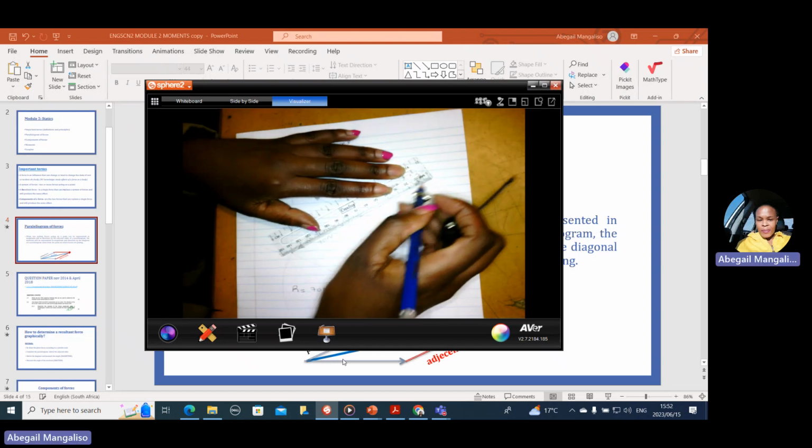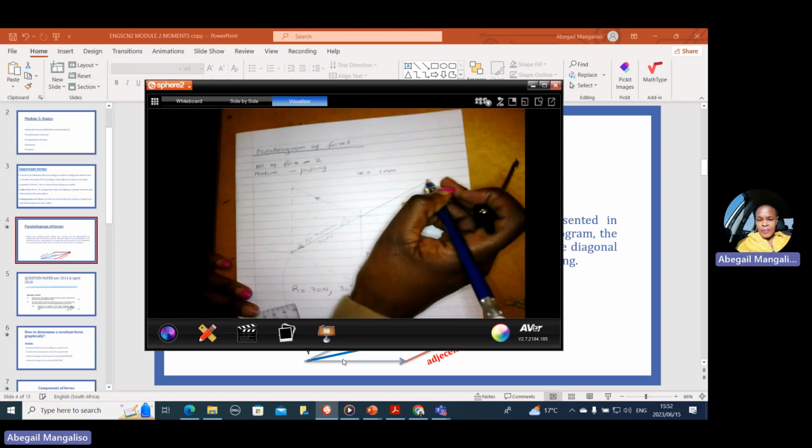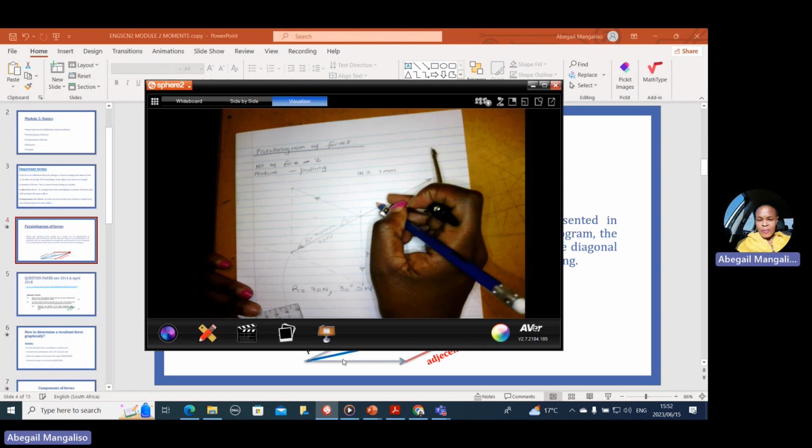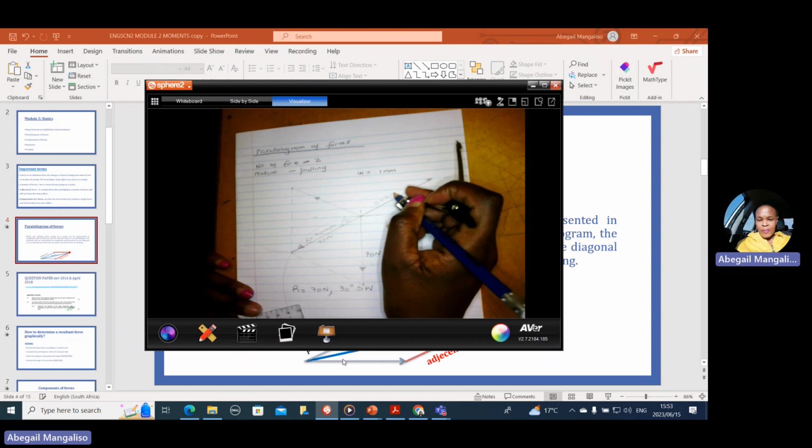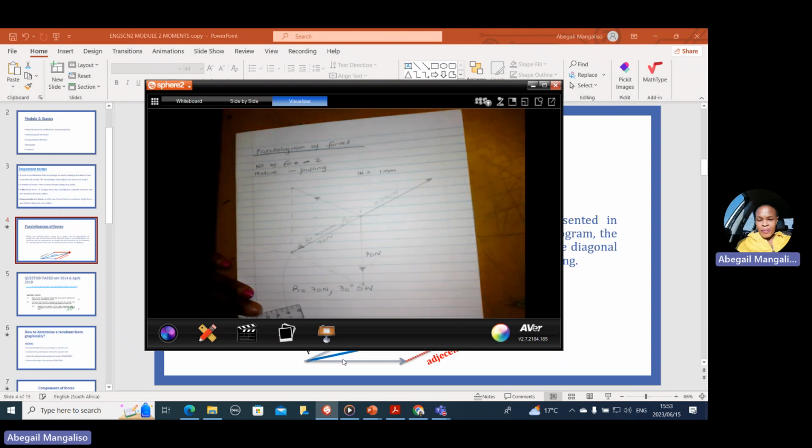This will be the equilibrant, and the direction of the equilibrant will be that way. I label it E for equilibrant. It is equal to 70 newtons, equal in magnitude to the resultant, but opposite in direction.